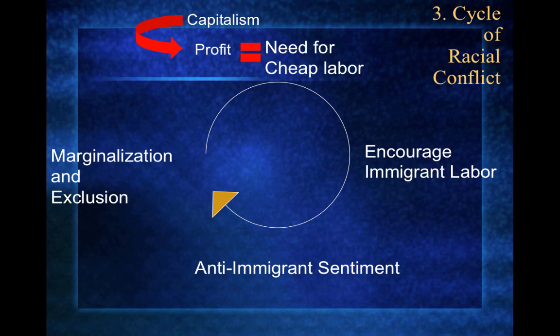Capitalists then began to import Japanese immigrants to fulfill their labor void. This Japanese population will increase, anti-Japanese sentiment will manifest, and anti-Japanese laws will prohibit entry into the country. Thus, the cycle will continue.